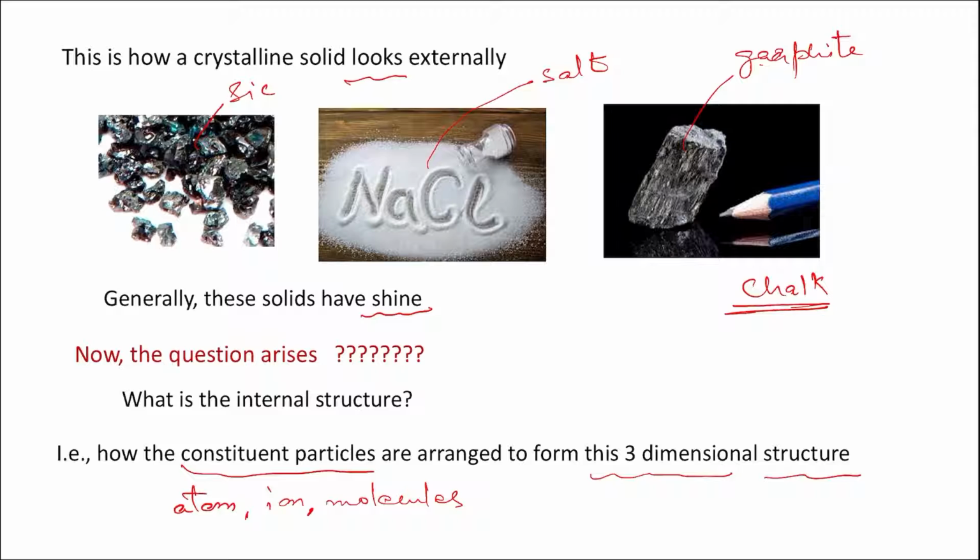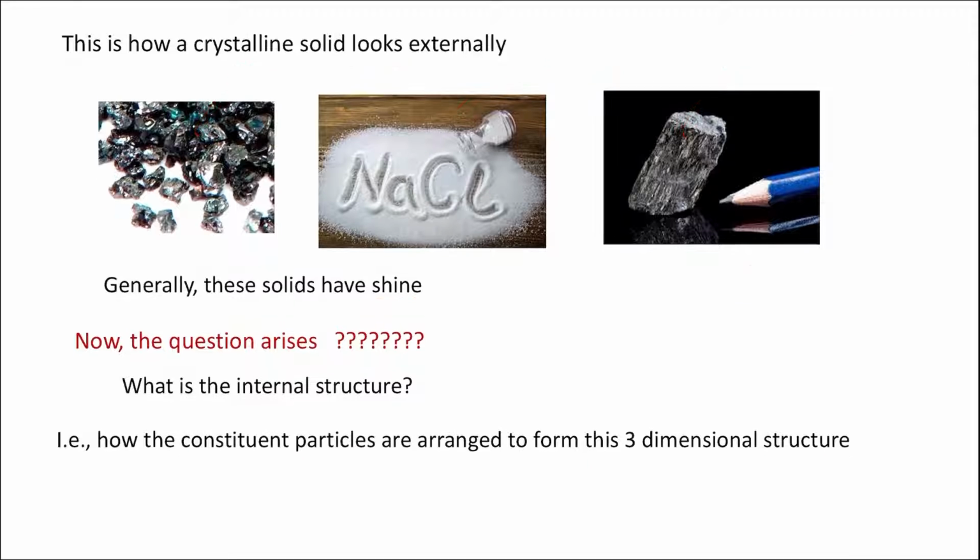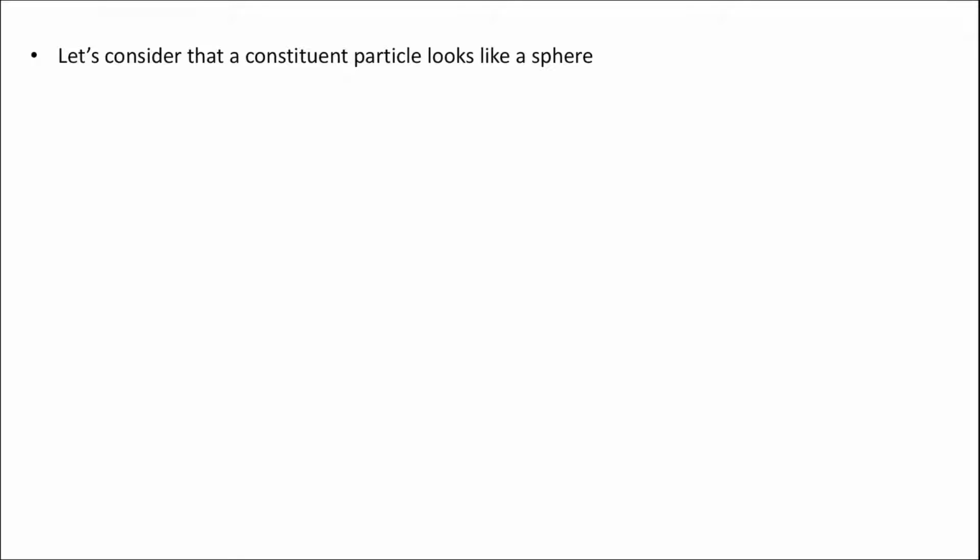The whole chapter is based on this internal structure, that is the arrangement of the constituent particles in the crystalline solid. So for this, let's assume that a constituent particle is a sphere, just like a ball or glass ball, you can say.